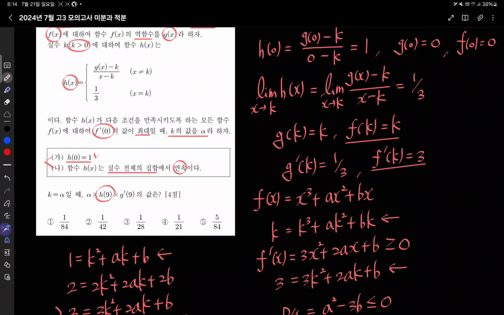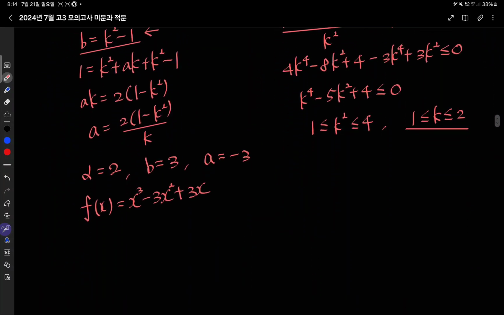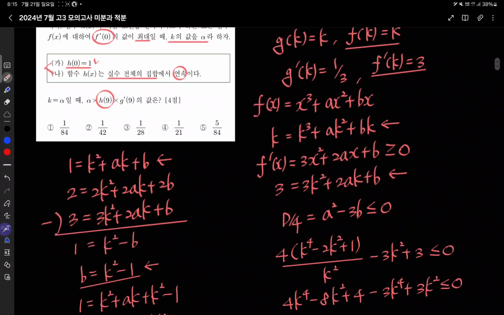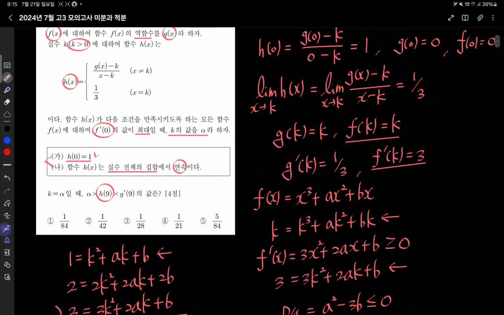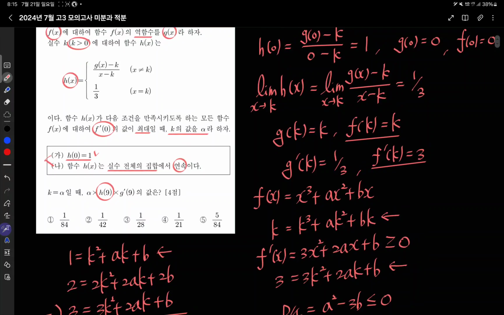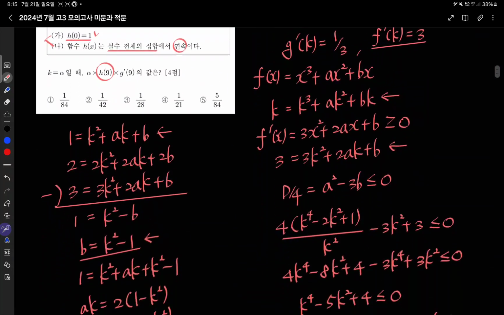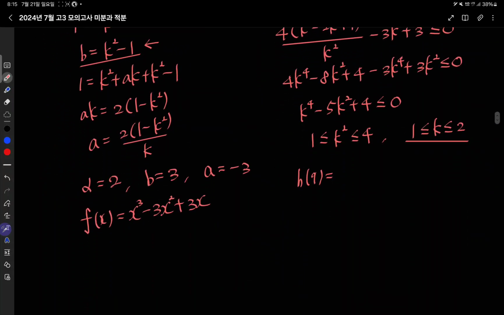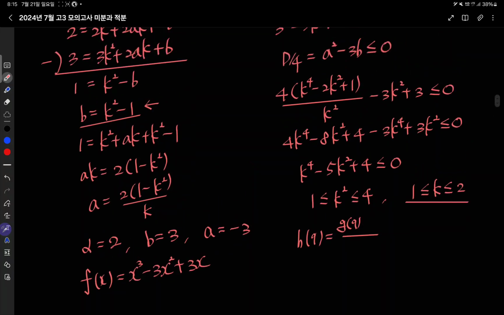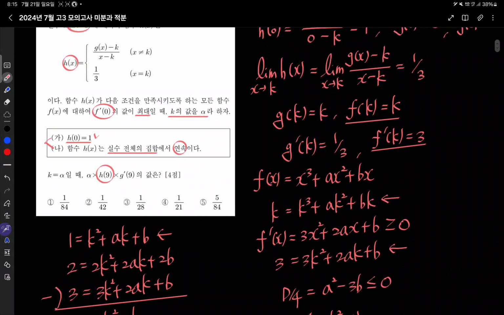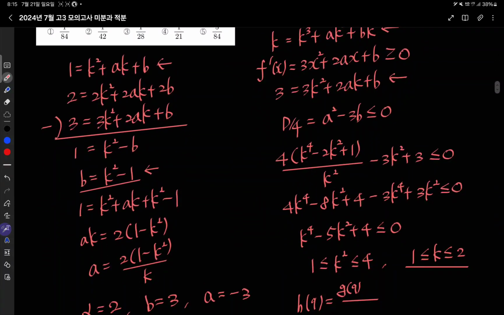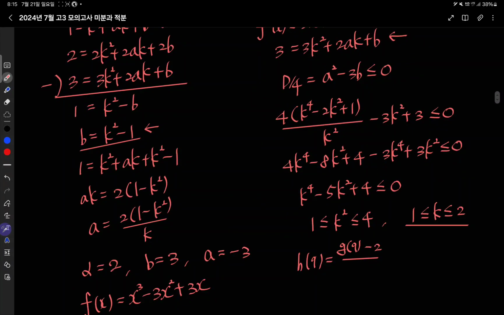So let's find out the value of h of 9. That's equal to g of 9 minus 2 over 9 minus 2.